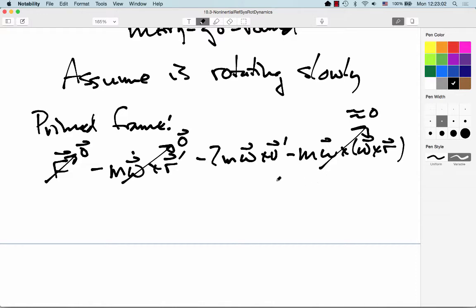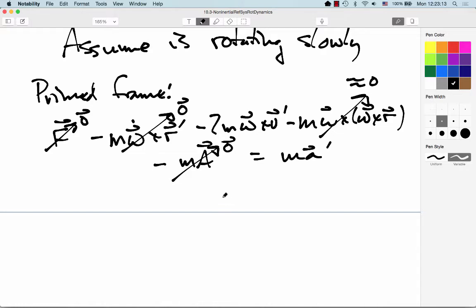And then there's no inertial force in the problem, so we can just drop that. That'll equal m a prime. So, canceling the m's, we get that our a prime is roughly equal to minus 2 omega cross v prime.